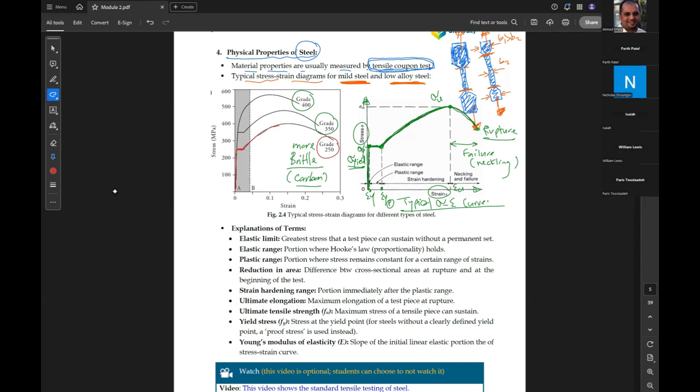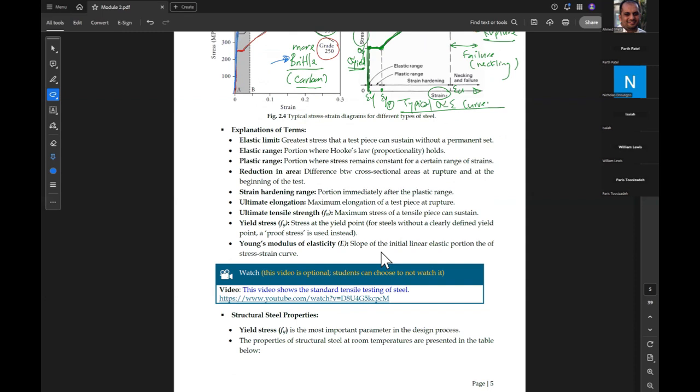Then when the strength goes higher, the yield point is not clear and the steel starts to be more brittle. Some steels behave like that because of high carbon inside. The high carbon makes it more brittle compared to mild steel.